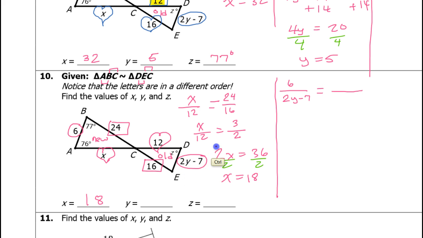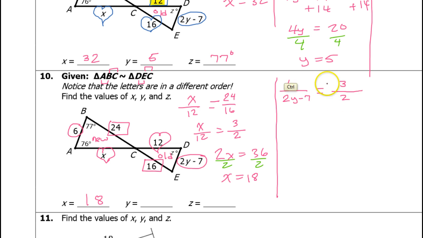And then I need the other fraction. I can use the same numbers as before, 24 and 16 again. But I've already seen that that reduces down to 3 over 2, so I'm going to skip to 3 over 2.